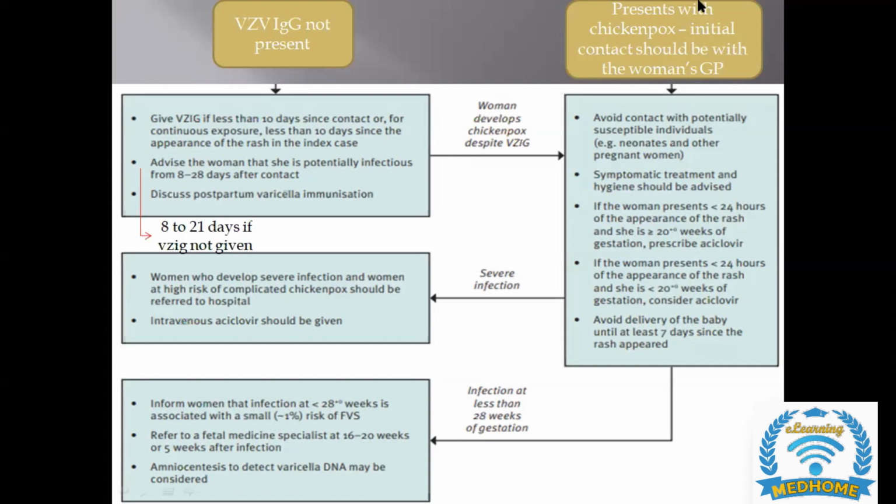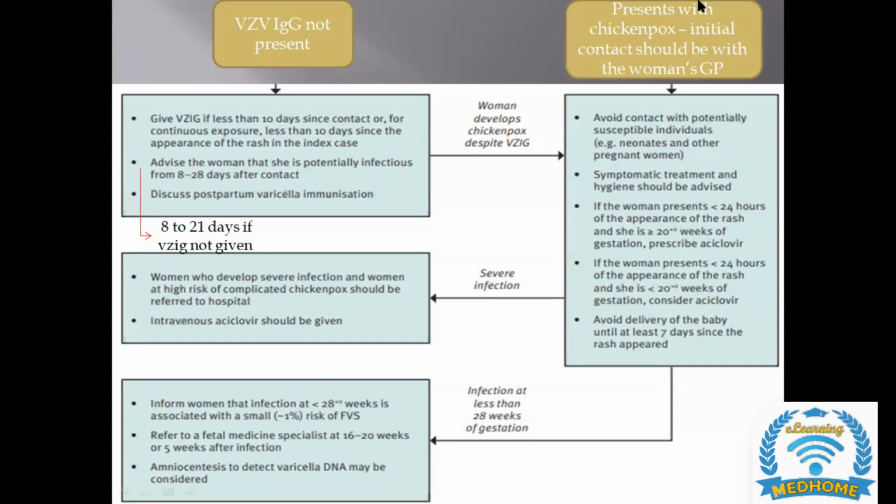Is it clear up till now? At 24 weeks with confirmed chickenpox infection. Then we have to rule out fetal varicella infection with fetal varicella syndrome.